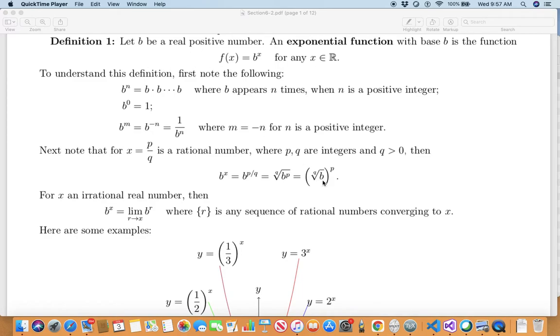If b were negative, this is not a guarantee. You can check with some examples. So this is how you would define an exponent where the exponent is a rational number, a fraction: denominator root, numerator power.